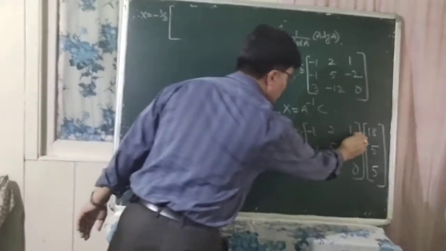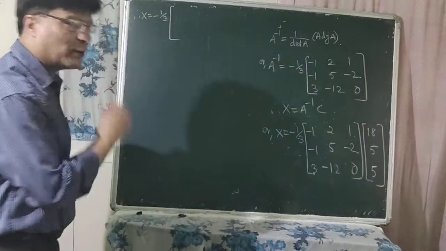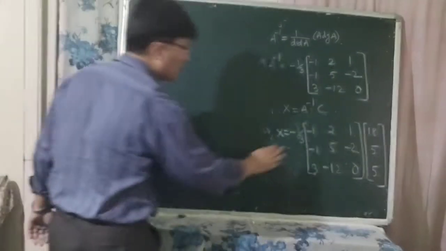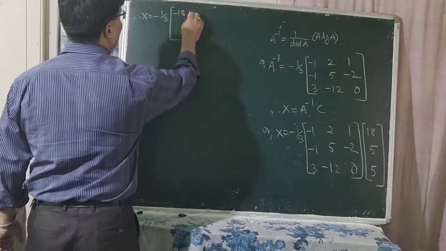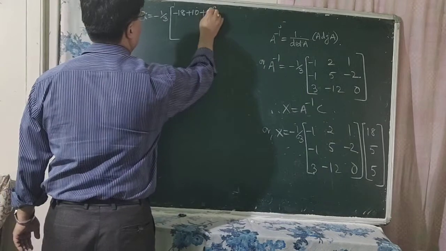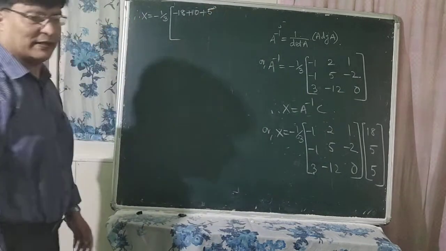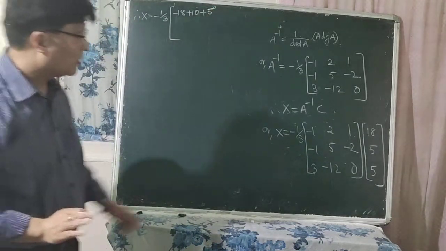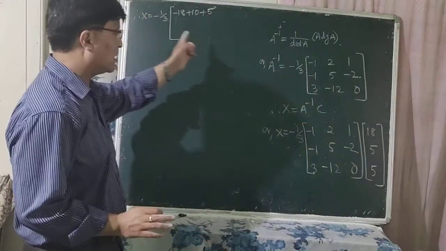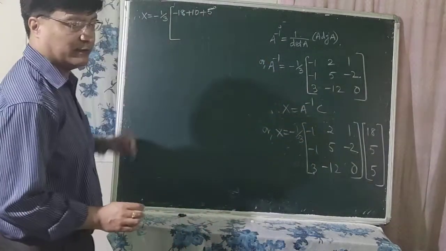Now first row by first column. Corresponding elements should be multiplied. -1 into 18, -18, 2 5s are plus 10, 1 into 5 plus 5.